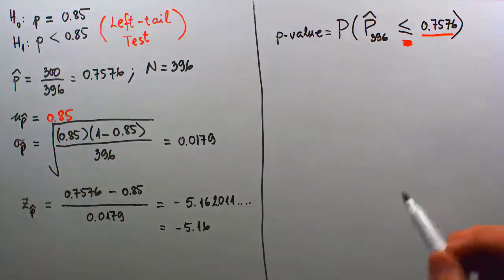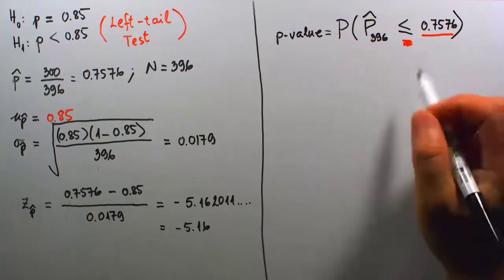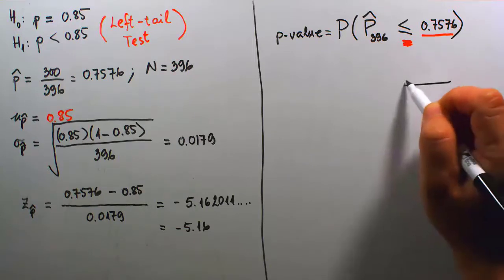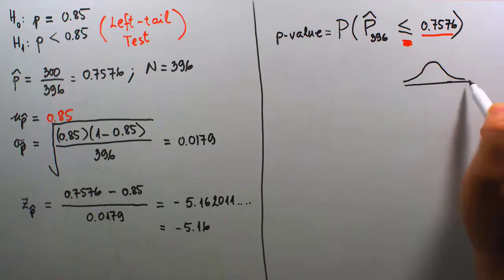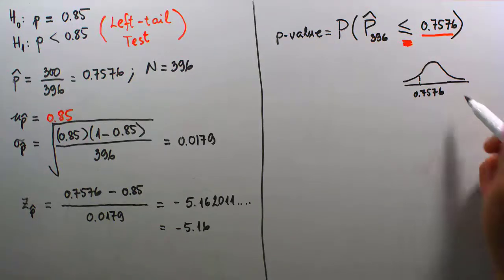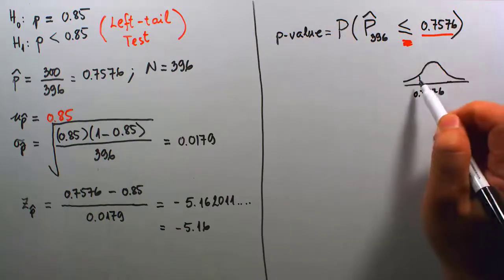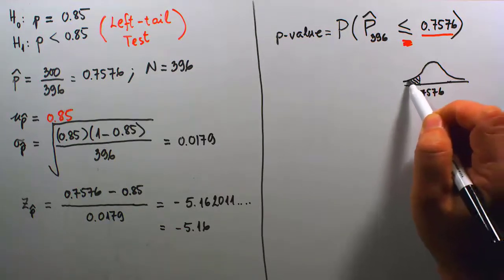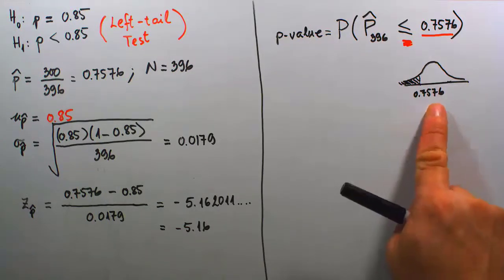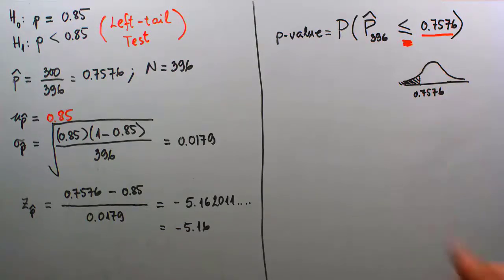And so, once again, let's imagine that if all of our sample proportions can be placed on a bell curve, then this time 0.7576 is somewhere on this bell curve, but the way this statement is indicating, we're looking at the shaded area to the left hand side of 0.7576, wherever 0.7576 is located on the bell curve.